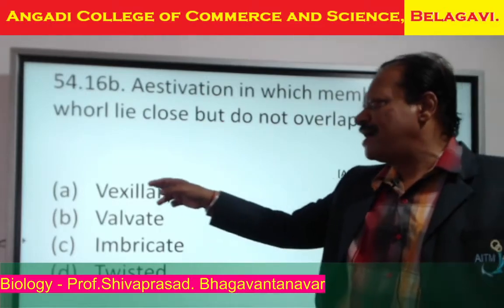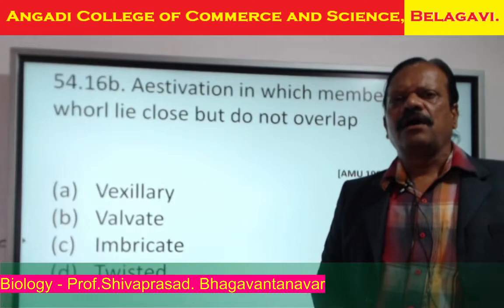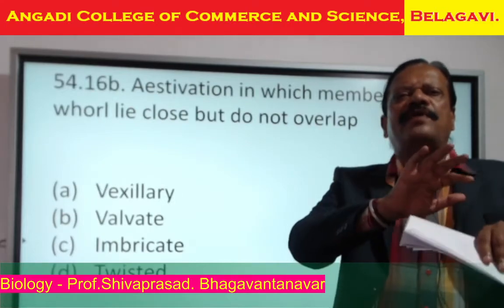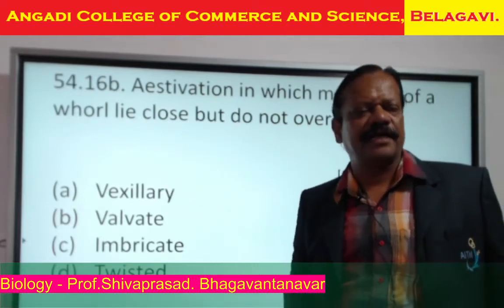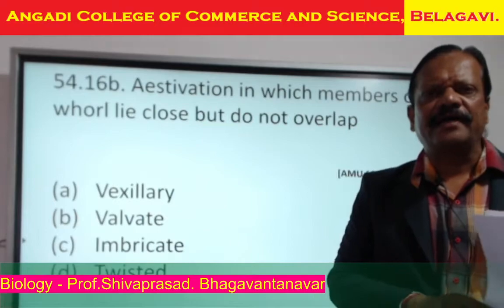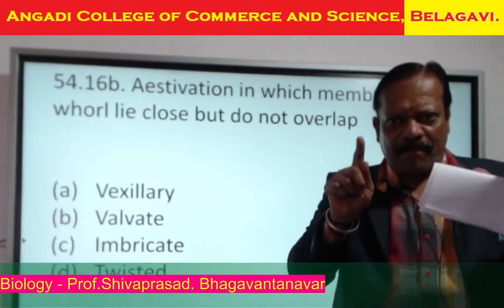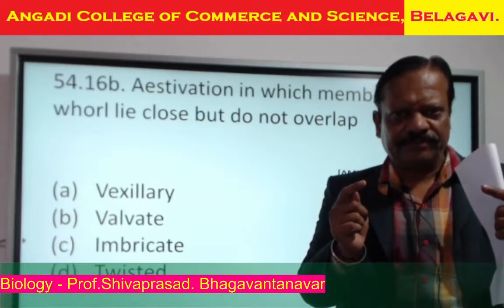Okay. Now, vexillary. Vexillary, in case of this, the overlappings are seen. One will be totally outside, one will be totally inside. So like this the vexillary can be seen. Valvate. In case of valvate, all floral parts, they are side by side. They are not touching each other. Okay.